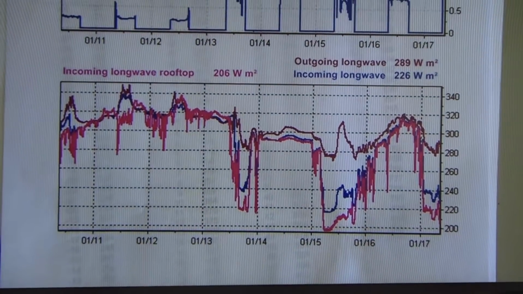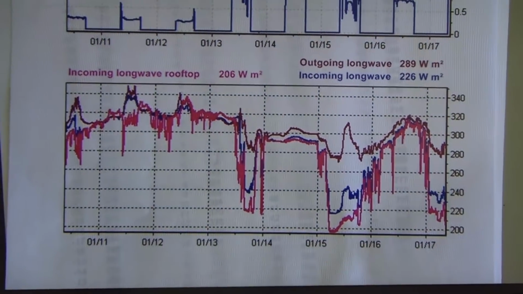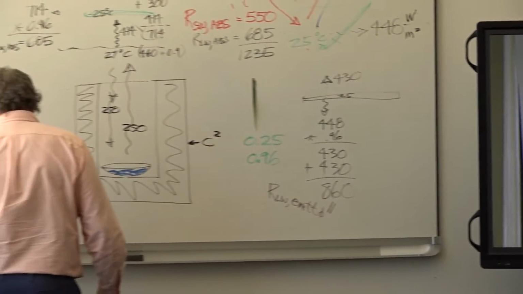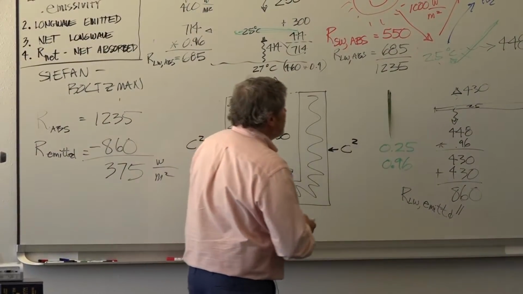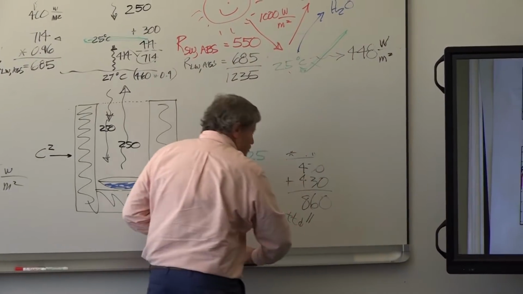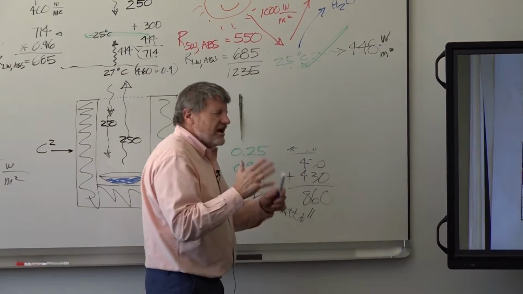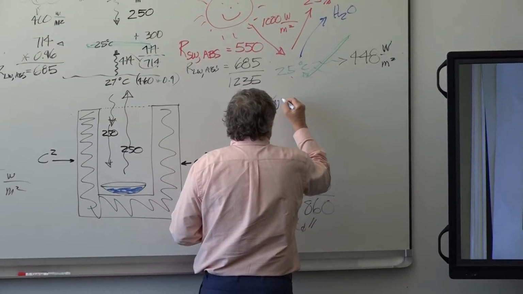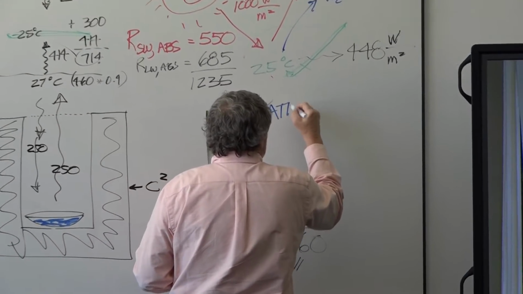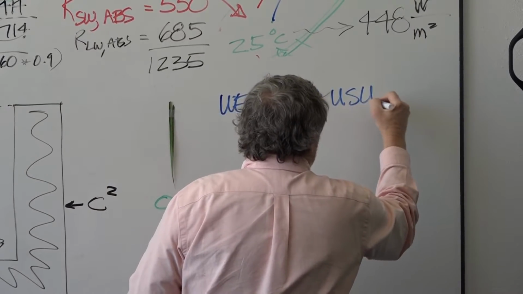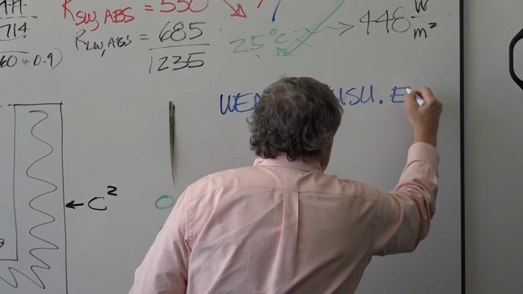So these graphs are on the internet, and I'm going to put the location right here, because as soon as you know the principles, you can watch these graphs and say, yeah, that's why this is working. They're at weather.usu.edu.